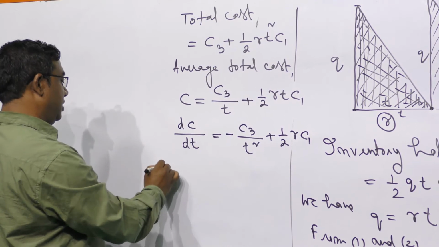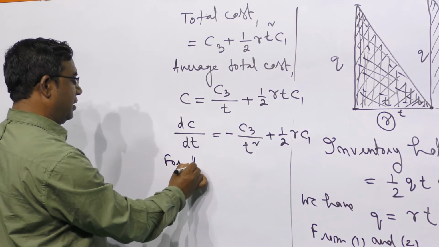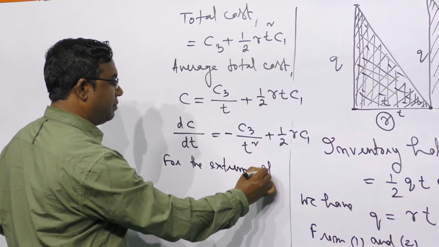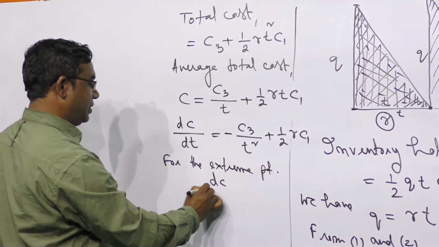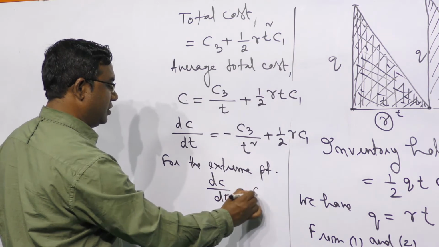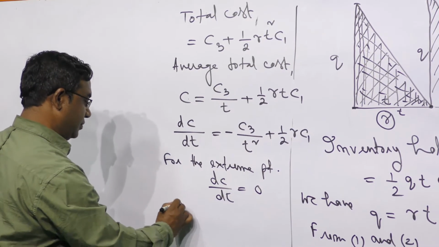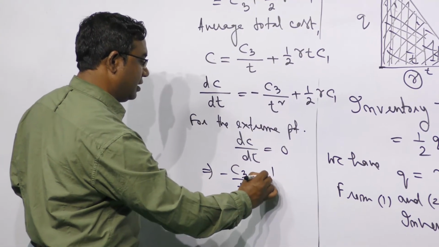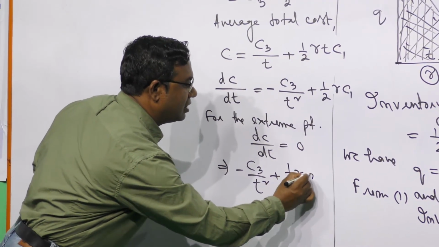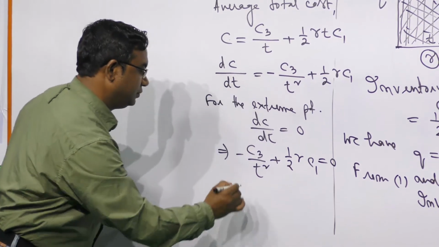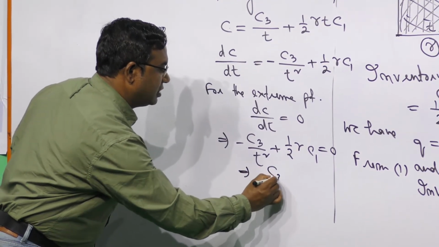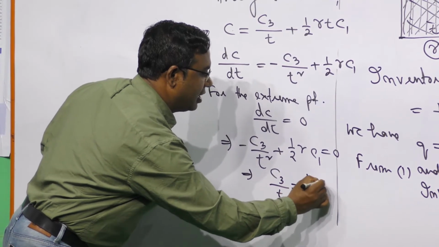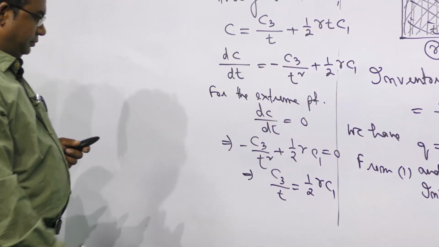Then for the extreme point, the first derivative should be 0. So minus C3 by T square plus half R C1 equals 0. So C3 by T square equals half R C1.